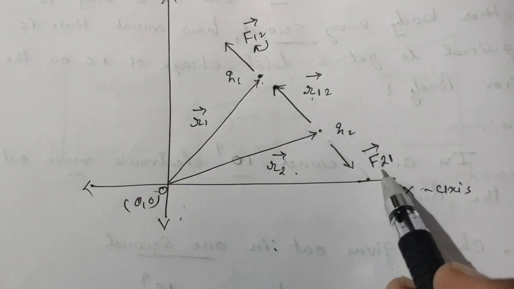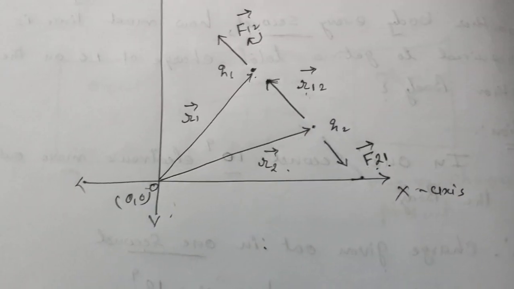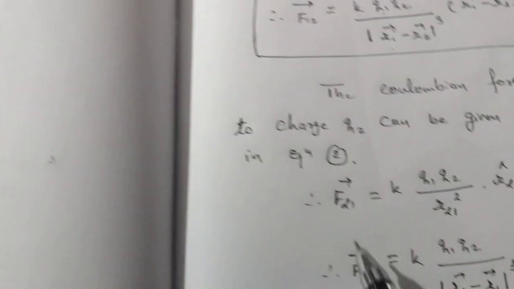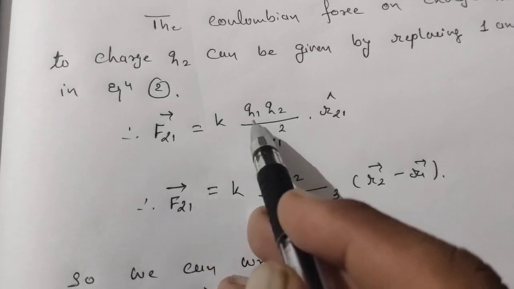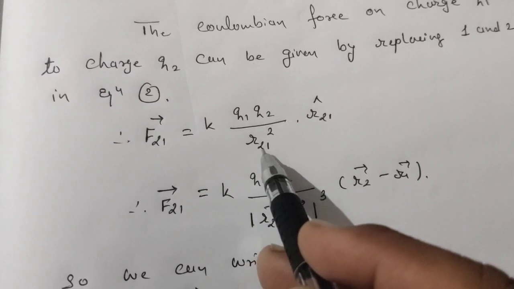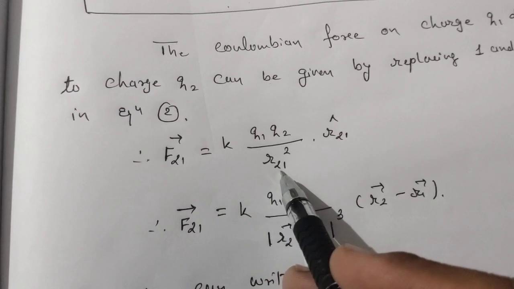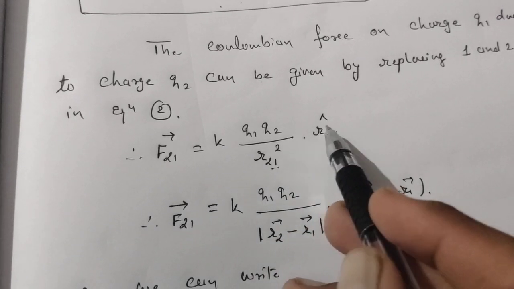In that case, here we have to write F21. Remember F21, and simply we replace the value: force F21 equal to K q1 q2, which does not matter because it's multiplication, but here we have a difference. Over here we have R21 square into R21 cap.